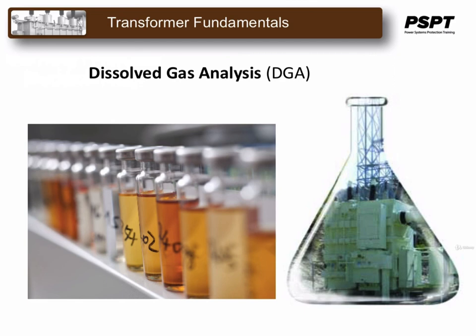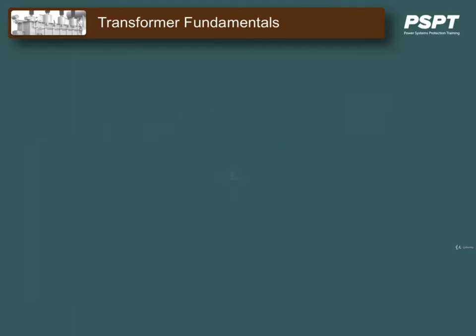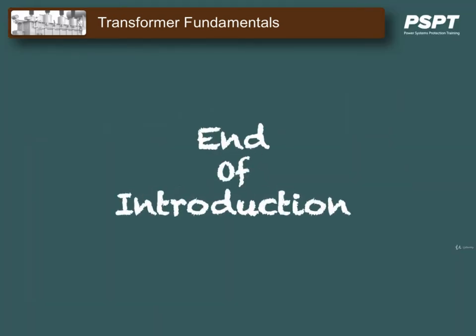And lastly, we're going to look at dissolved gas analysis or oil analysis in a transformer, because that is a big part of transformer maintenance. We will leave that to the end, but we will review the various items under that heading. And this brings us to the end of the introduction in regard to transformer fundamentals.